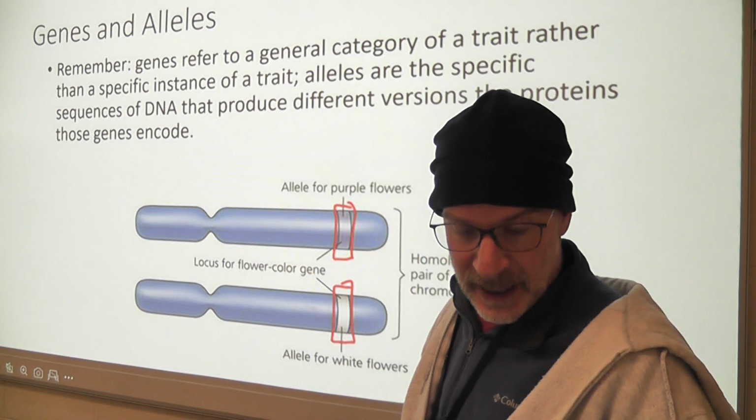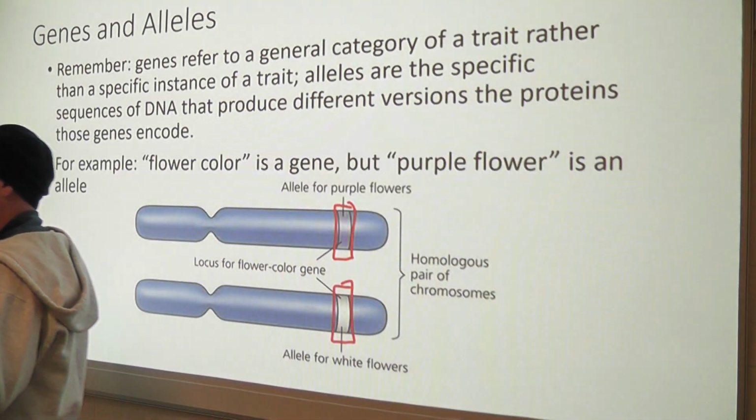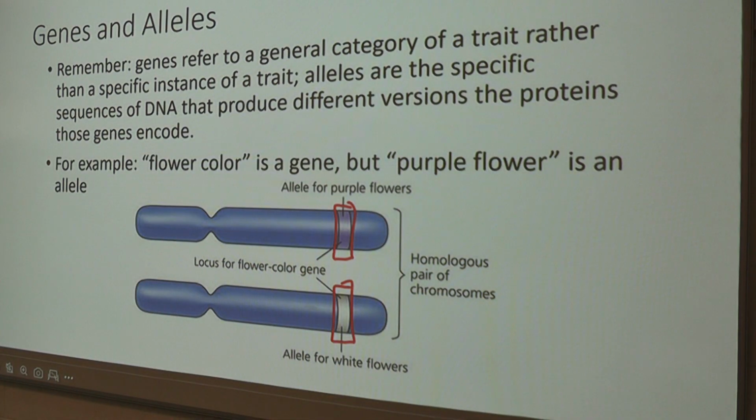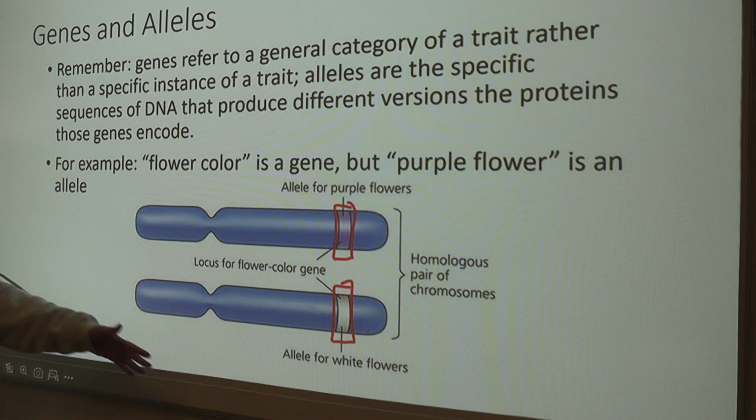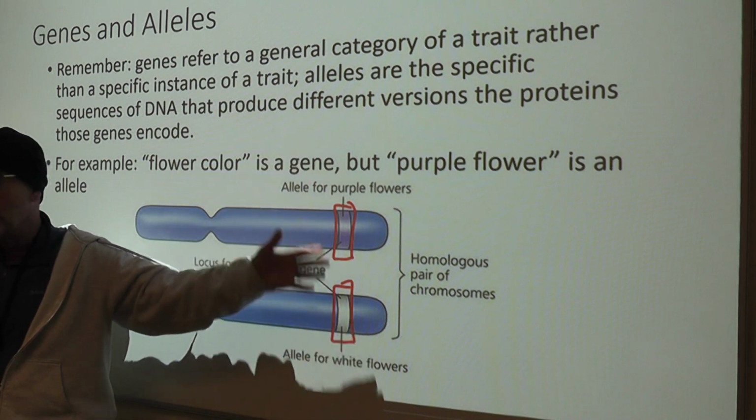And figuring that out and recognizing that is something that's really important. The way that I think about alleles and genes is I ask myself a question. And the question is, does every organism of that species have whatever it is that we're talking about? If the answer is yes, then it's a gene. So, does every single flower have flower color? It does. They all have flower color.